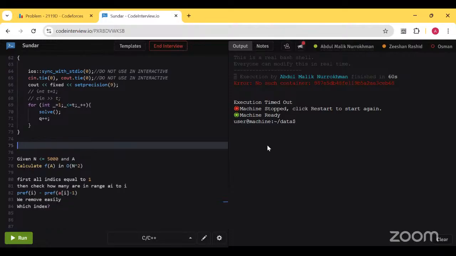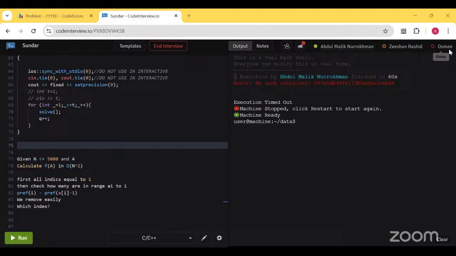Can you explain your idea using pseudocode? All right, yes. You can try to implement it. If it is correct, then you can explain to your friends. Okay.